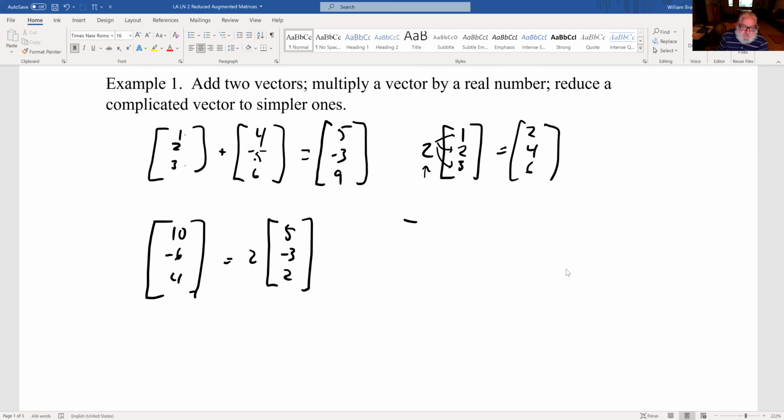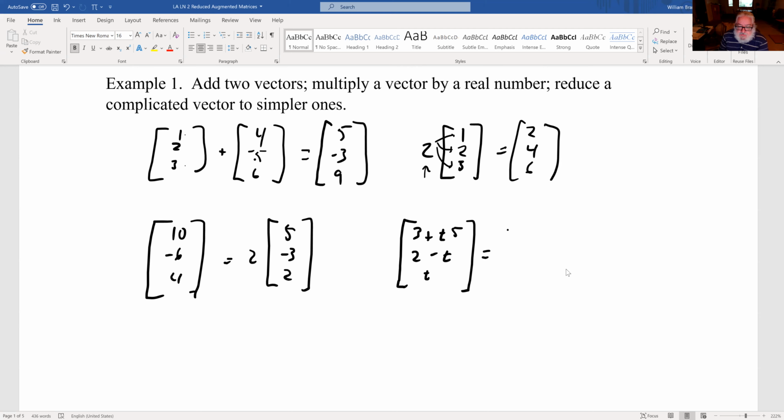We can also, if you have more complicated vectors, suppose we have a vector that's 3 plus t, where t is some number, then 5 times, 2 minus t, and t. All right, we can split that apart because there's a plus and a minus and a 0 plus t there.